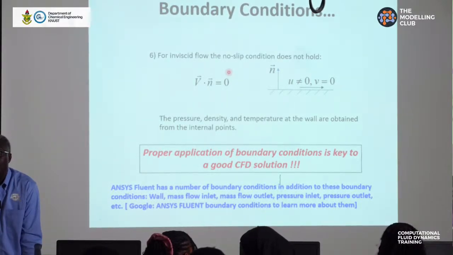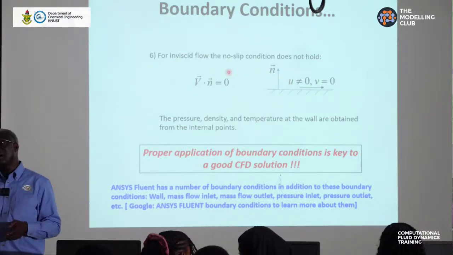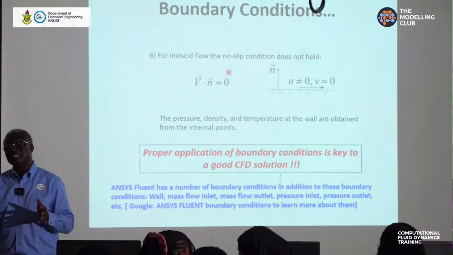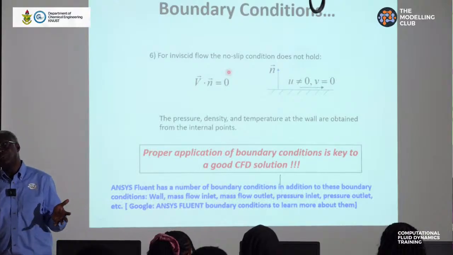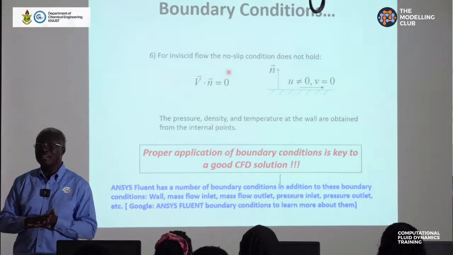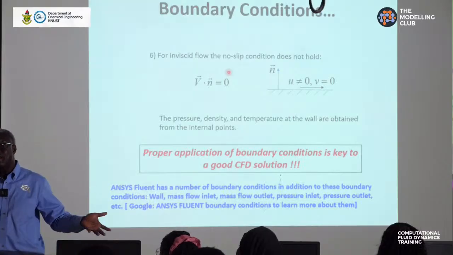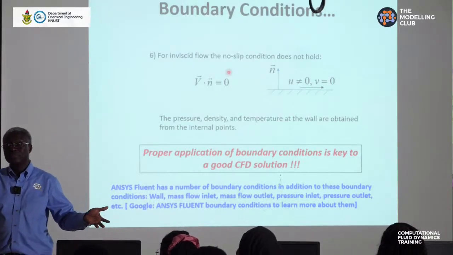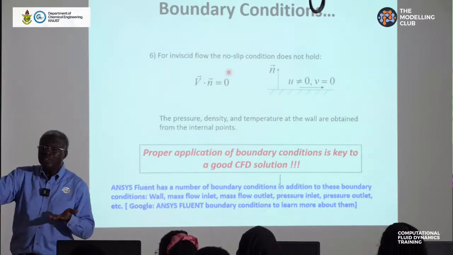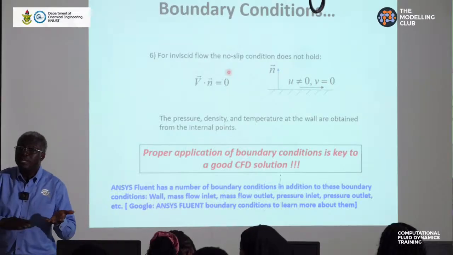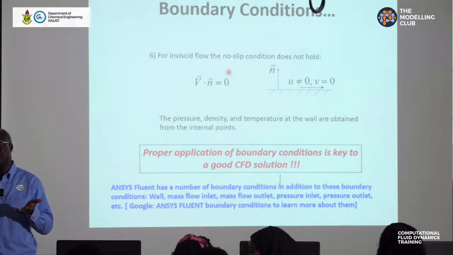Every flow problem has to have some boundary condition. Now, what you are probably thinking about is, it depends on the type of flow. Let's take flow over an aircraft. Flow over an aircraft is an external flow. So the boundary of the flow would be the surface of the aircraft.